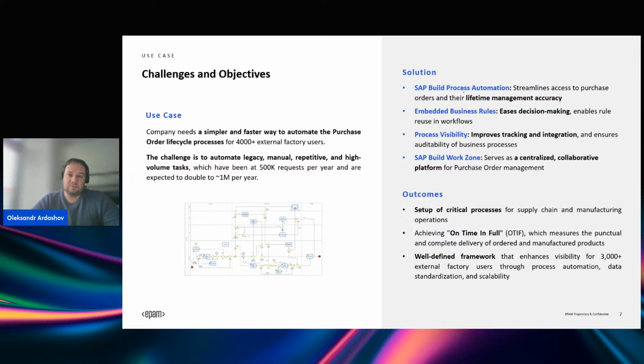Basically, as an outcome, once the solution is offered and implemented, my company has quite a good framework to understand how my business works. I can understand what kind of processes are critical and how many processes were requested.